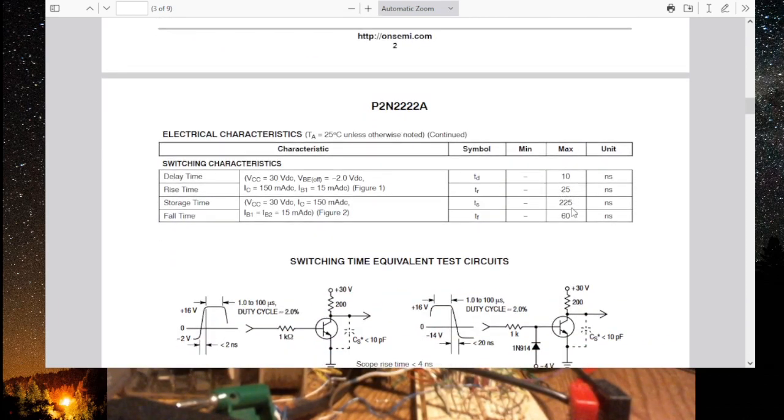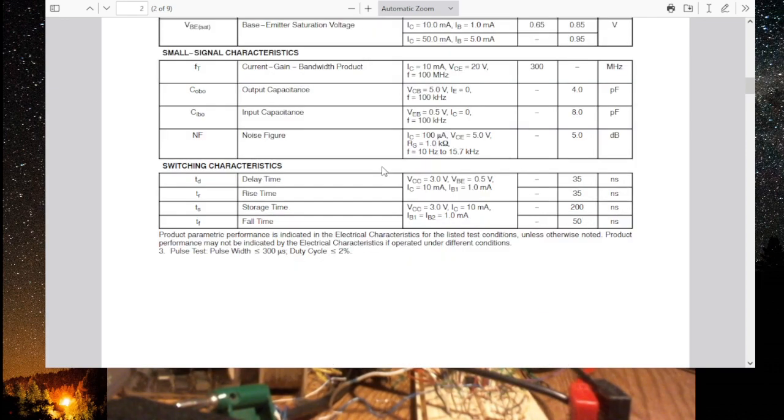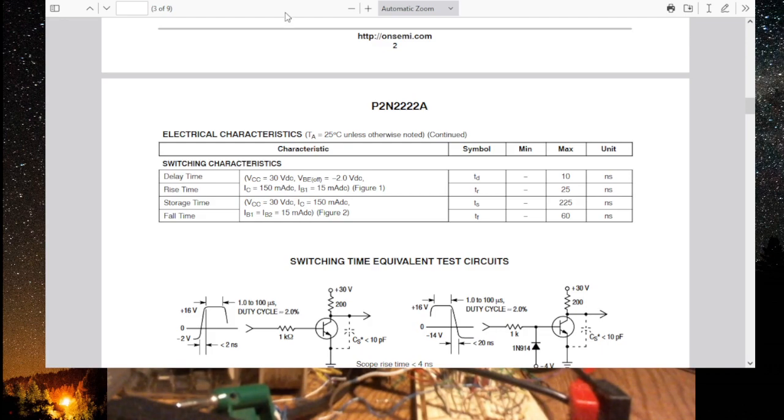The 2222 has a, this is 30 volts, 15 milliamps. It's 25 nanoseconds, 225, 200. I mean, it's close. So now my question would be, what exactly is 25 nanoseconds?